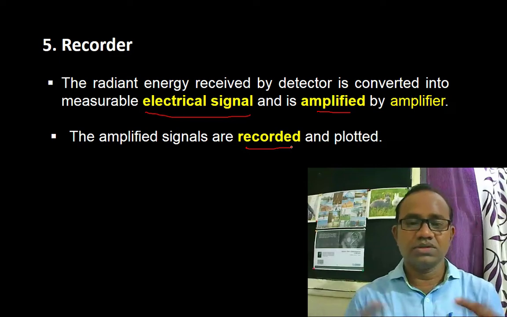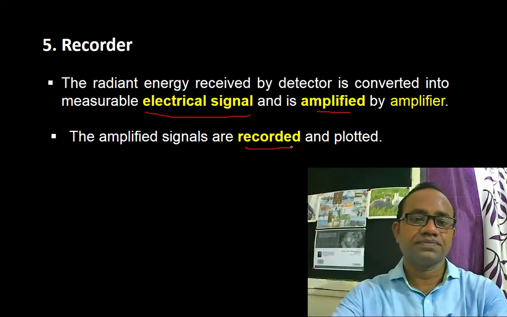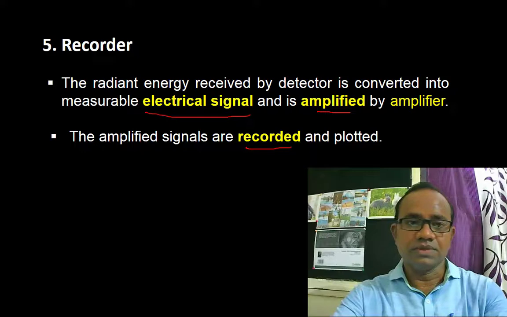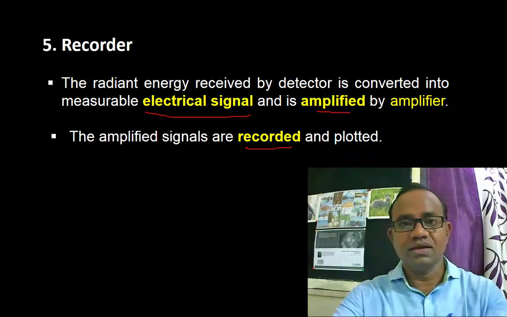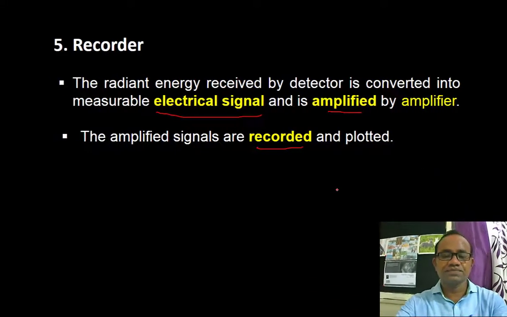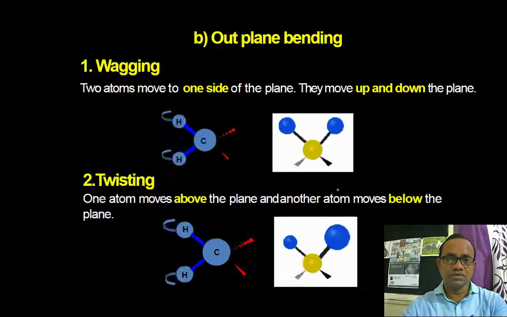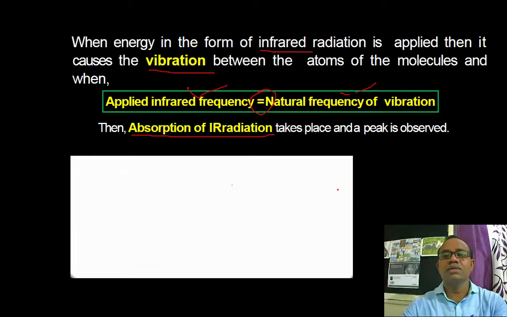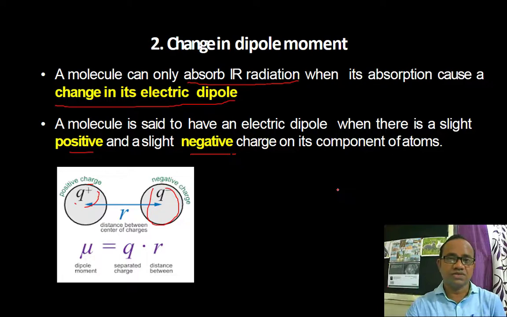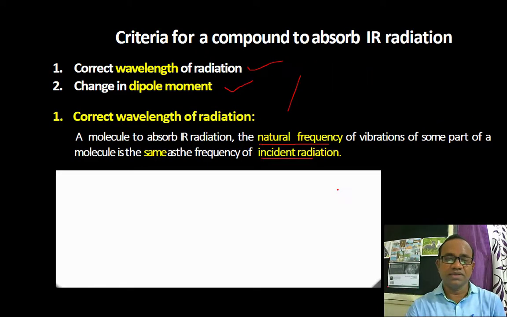So this is all about today's topic. IR spectroscopy is mostly used for chemical analysis, determination of the structure of molecules, and many other things.